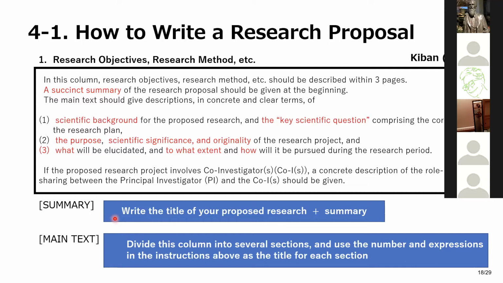Everybody knows that most of the proposed research has some kind of significance in its own field. So you don't have to explain how important the research is, but you have to show some proof that it's a unique research. You have the ability to conduct the research and have some detailed plan to attain the objective you set.